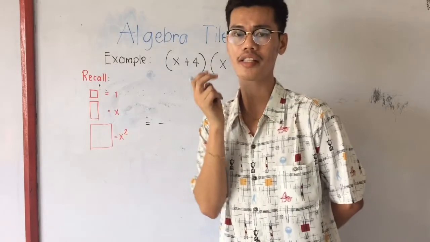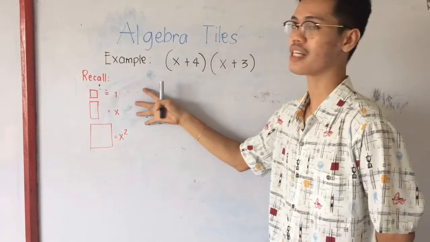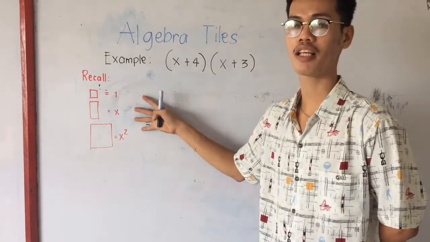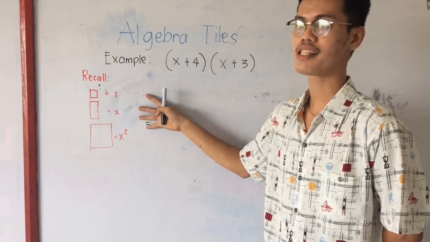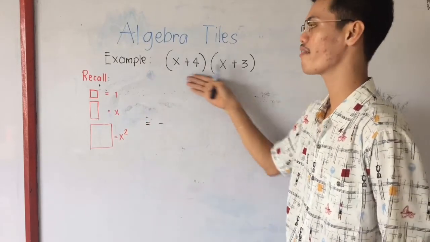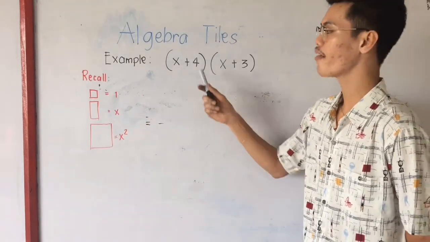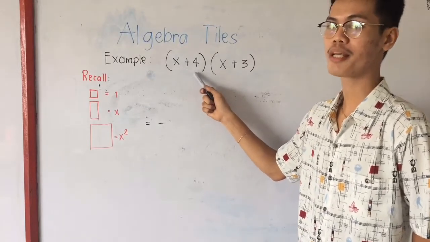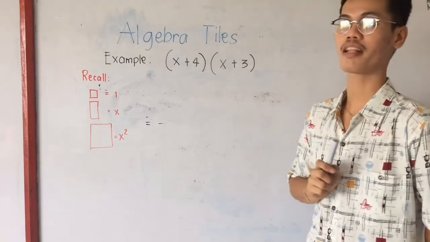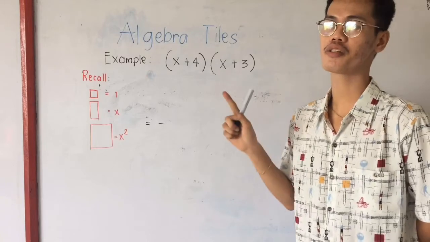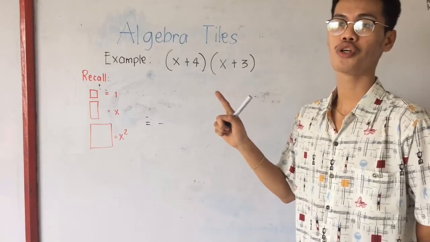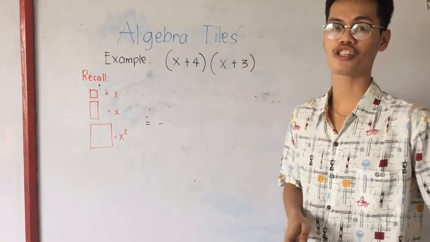So afterwards, since we know already the tiles and the corresponding value of each, let's use this given example. We have x plus 4, multiplied by x plus 3. The very first thing to do is to always illustrate your problem using algebra tiles.